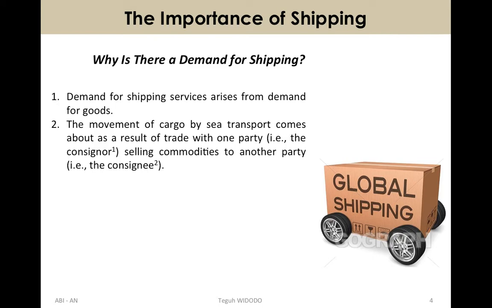First, demand for shipping services arises from demand for goods. And then the second, the movement of cargo by sea transport comes about as a result of trade with one party, the consignor, selling commodities to another party as the consignee.